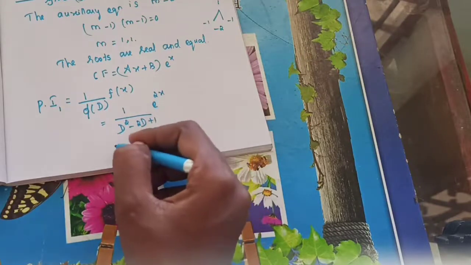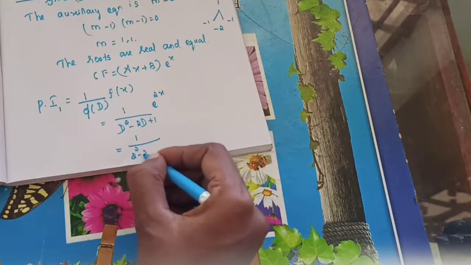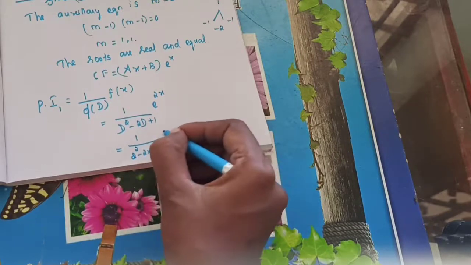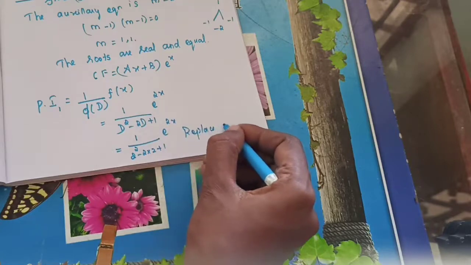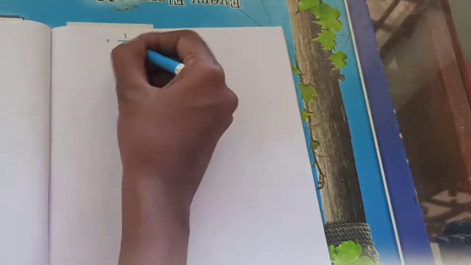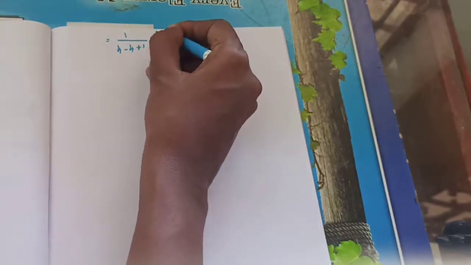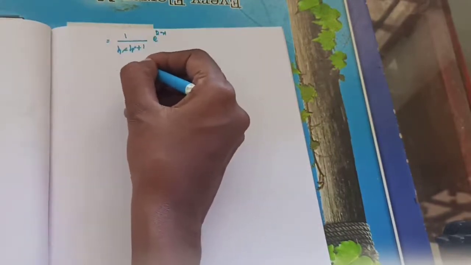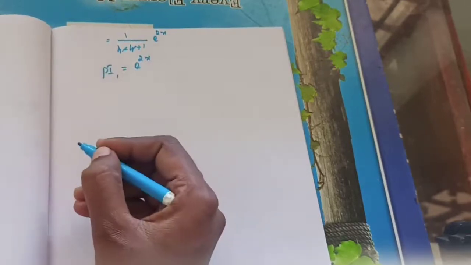You substitute D as 2. So 1 by 2 square minus 2 into 2 plus 1 e power 2x. Replace D by 2 and simplify. 1 by 4 minus 4 plus 1 e power 2x. So this gives 1 by 1, that is 1, e power 2x. This is the value for particular integral 1.